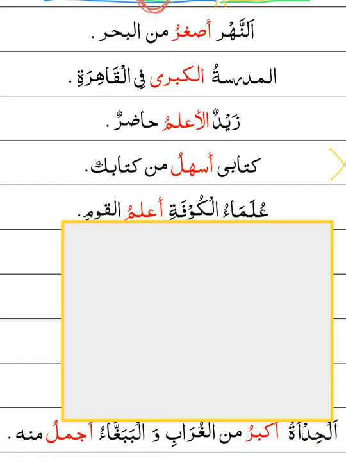focus on the tarkeeb, the analysis, i.e. the main parts of the sentence. Not too detailed. There is really no need to go into too much detail because it's a very simple sentence. So this part, kitabi, is the mubtada, and the remainder is the khabar, the predicate.